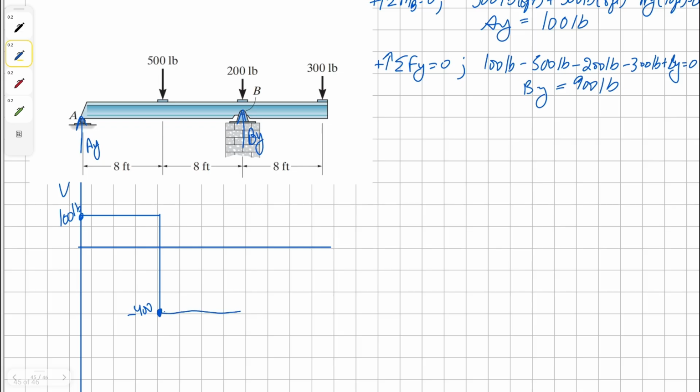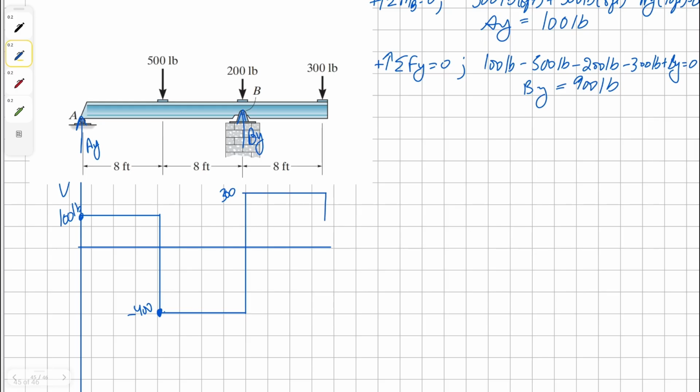Then nothing's going to happen for 8 feet. And at that time, we're going to move up by 700 pounds, which will bring us to 300 positive. Then again, nothing's going to happen till 8 feet.